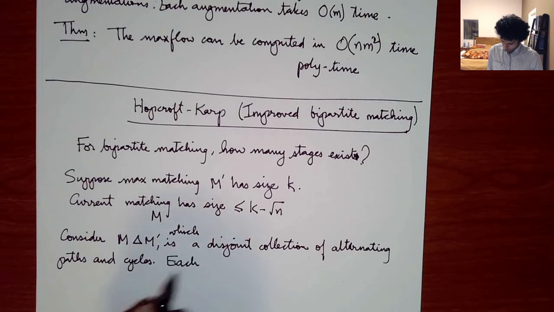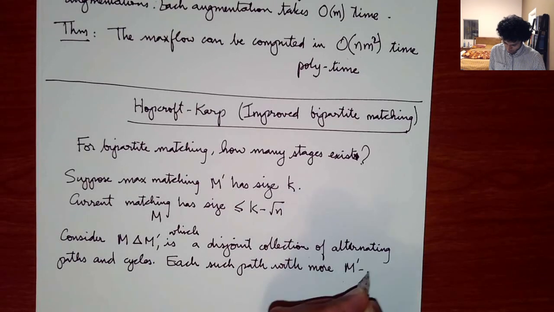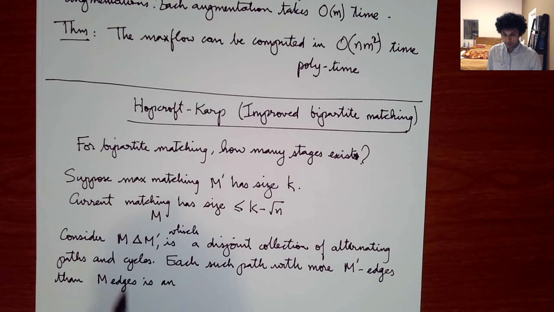Each such path with more M' edges than M edges is an M augmenting path.